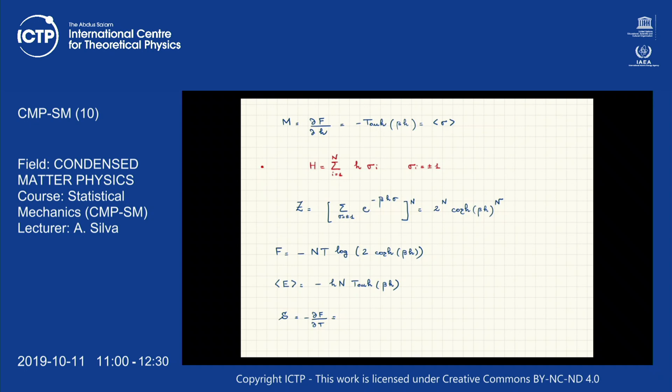Now, if you do this calculation, what you should get is minus n h over t tangent hyperbolic of beta h plus k n log of 2 cosine hyperbolic of beta h. Now this is quite nice because, first of all, it's extensive, and that's okay.